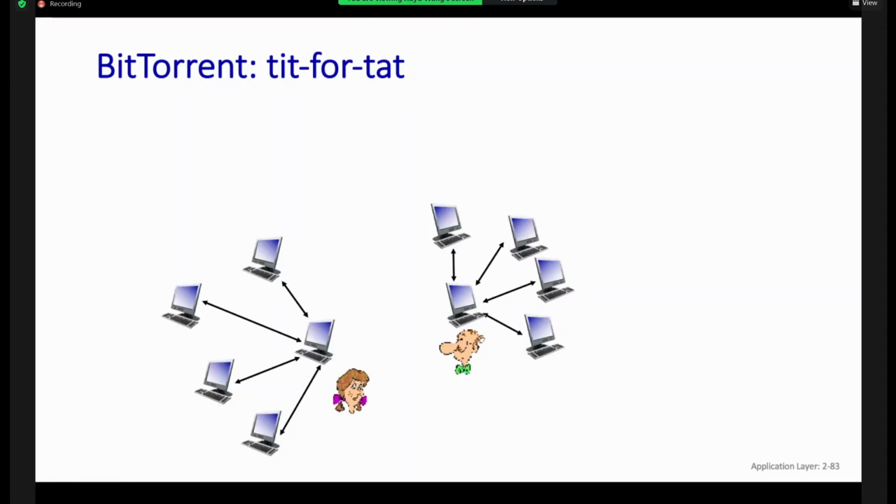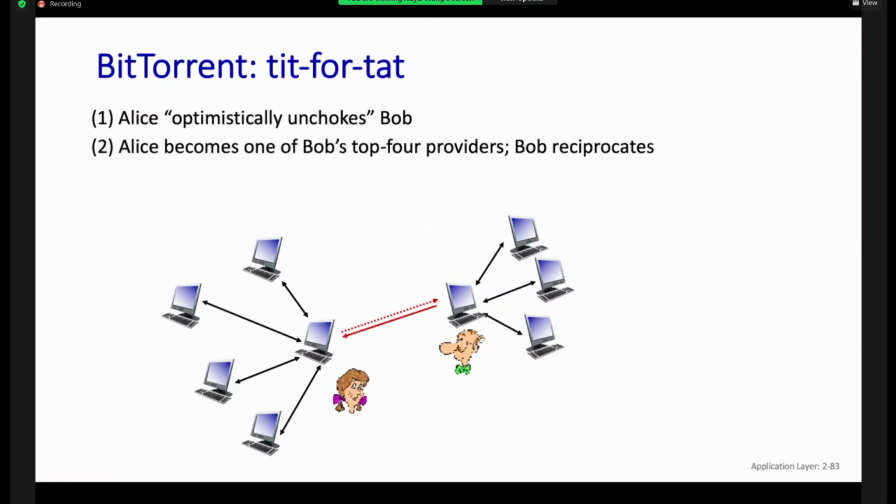So we can see Alice here, and every 30 seconds, Alice needs to randomly choose one pair, like Bob, and send data to Bob. And this time, because Alice sent more data to Bob, Alice may become one of the top 4 providers for Bob.